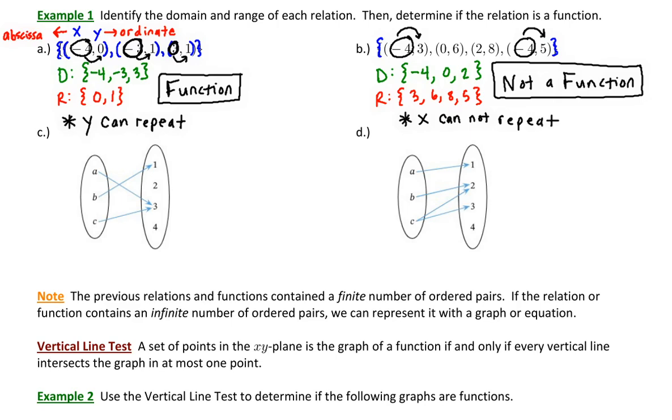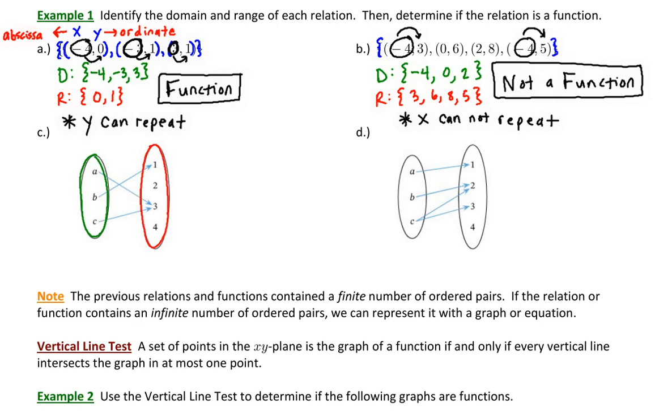On examples A and B, the relation was presented as a set of ordered pairs. On examples C and D, the relation is presented as a mapping. In the first set, we have elements from the domain, and in the second set, we have elements from the range. The arrows from one set to the next indicate the relation.